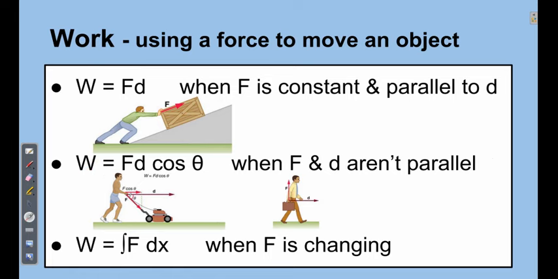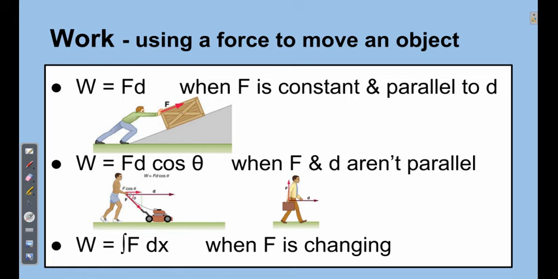So when the force is not parallel to the displacement, use force times displacement times the cosine of the angle between them. Some of you will also recognize that as the dot product of the two vectors, force and displacement. So that's a good place to use the dot product.